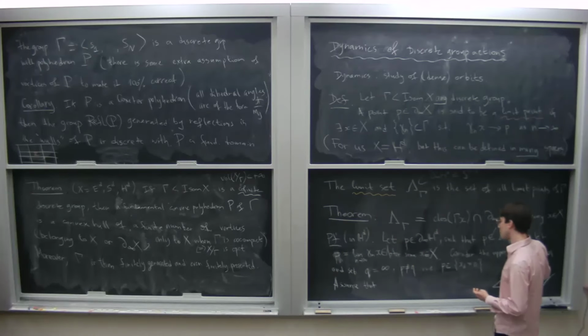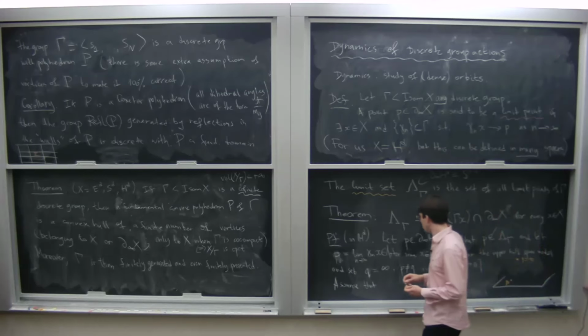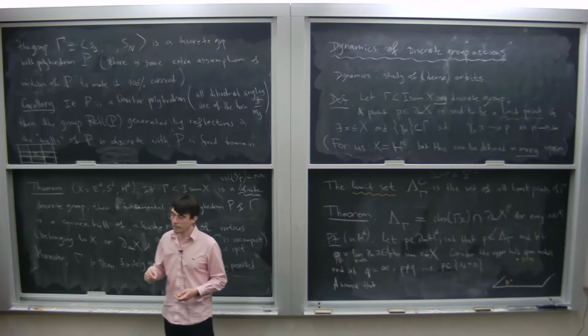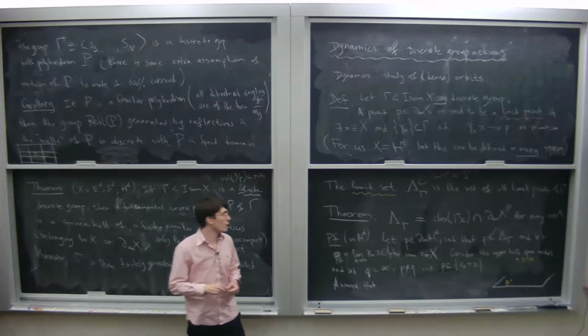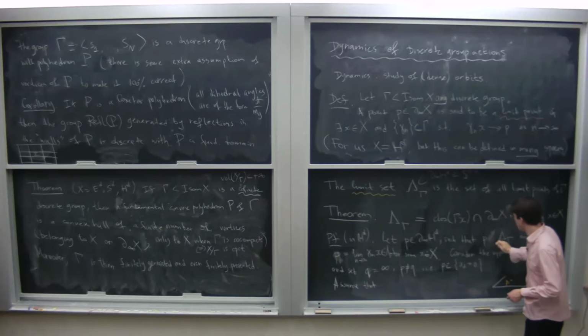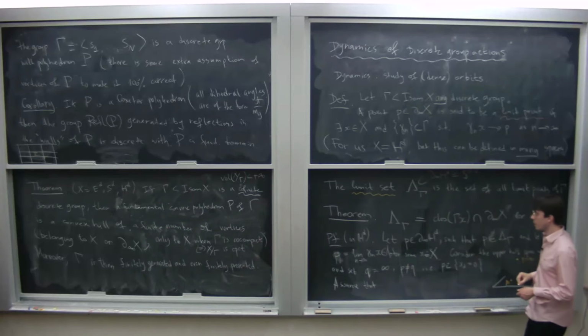If you're the limit point of an orbit, you're definitely in lambda gamma by definition, right? What you want is the problem points are potentially points that are in lambda gamma, but are not in the orbit closure of our one particular X. So there's some other point that does converge to it. Yes. Okay, yeah, so actually here it should be belongs to lambda gamma, right?